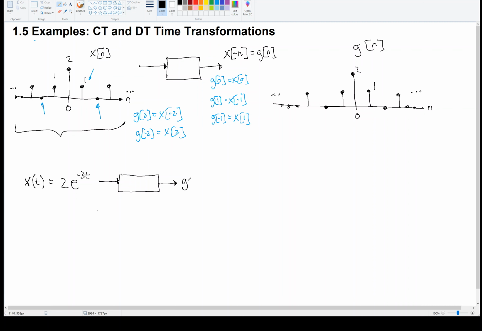Let's say it produces, not of n, g of t, it produces 1/2 x of minus t plus 1. Okay, can we write an equation for g of t?